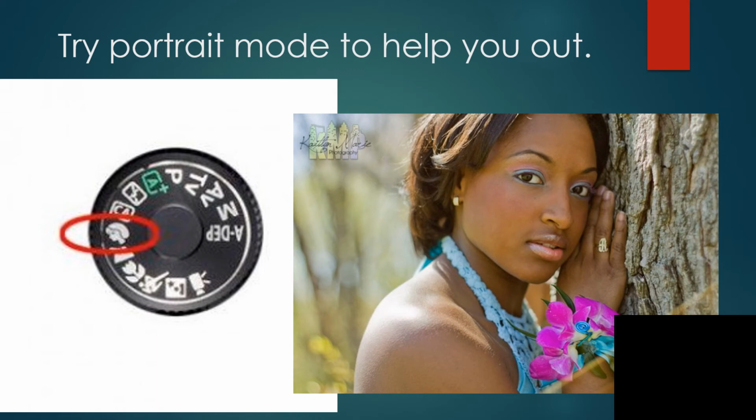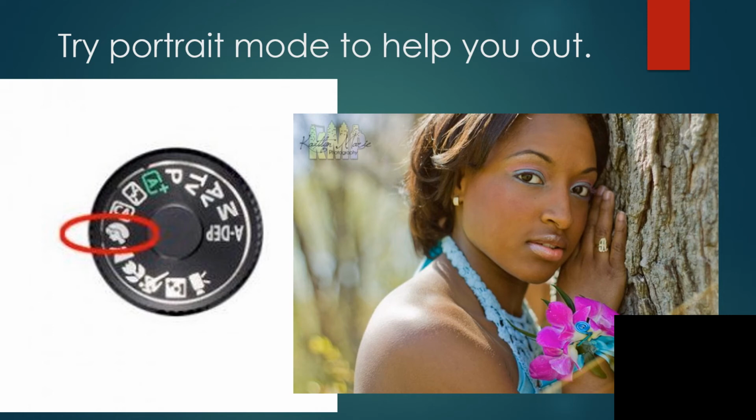And in this case, people who build cameras know that lots of people who buy cameras are going to be taking pictures of people. So they have given you a portrait mode. And when you swivel your dial into portrait mode, the automatic features take over.